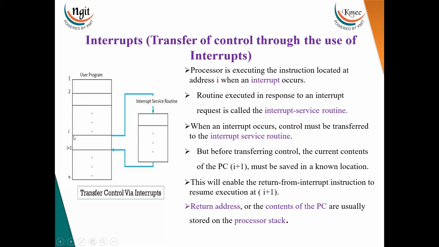When the interrupt occurs, it will complete the execution of this instruction and store the I+1 address. That storing may happen onto the stack or some special registers. But in most processors, it will store the program counter data onto the stack only. And also it will store the status register content.